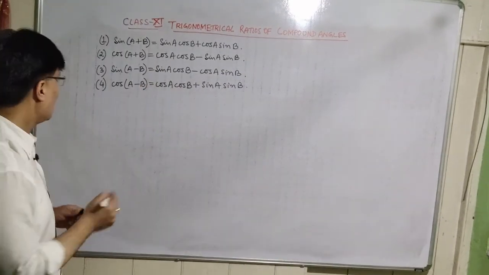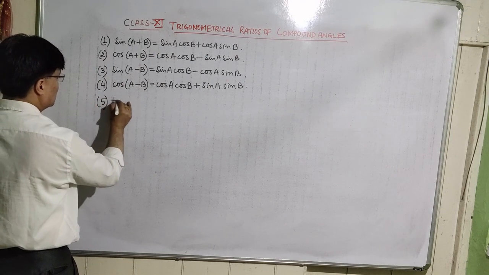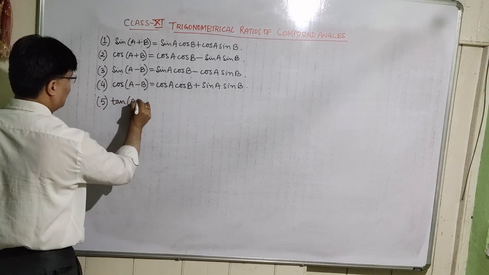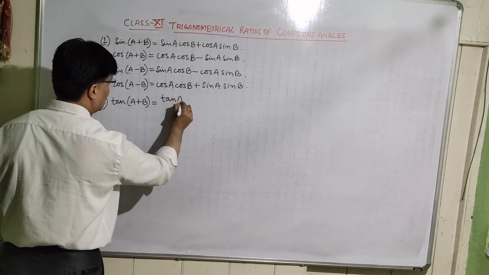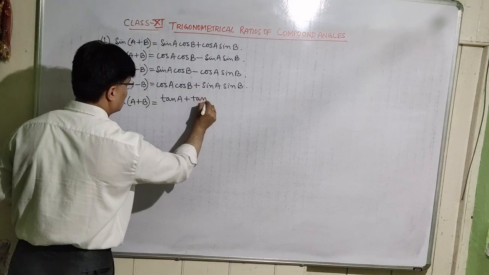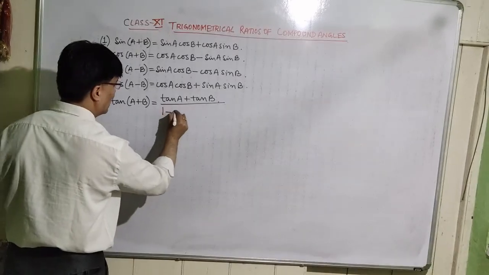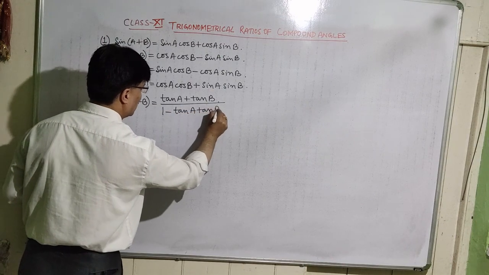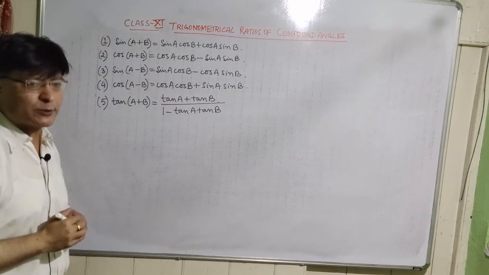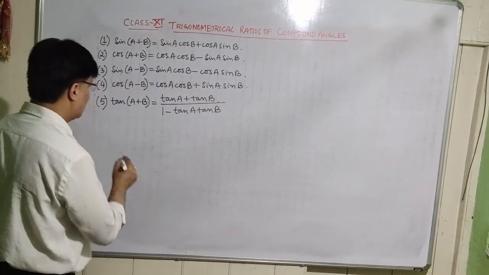Next, number five. Tan of A plus B is equal to tan A plus tan B divided by 1 minus tan A tan B. That is the formula for tan of A plus B, right?